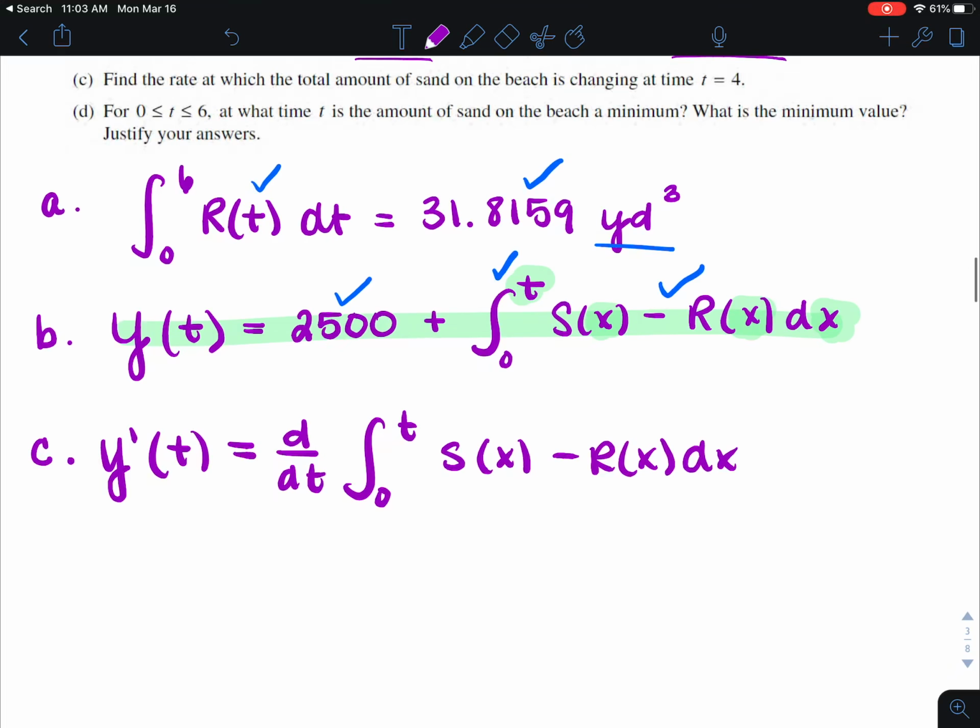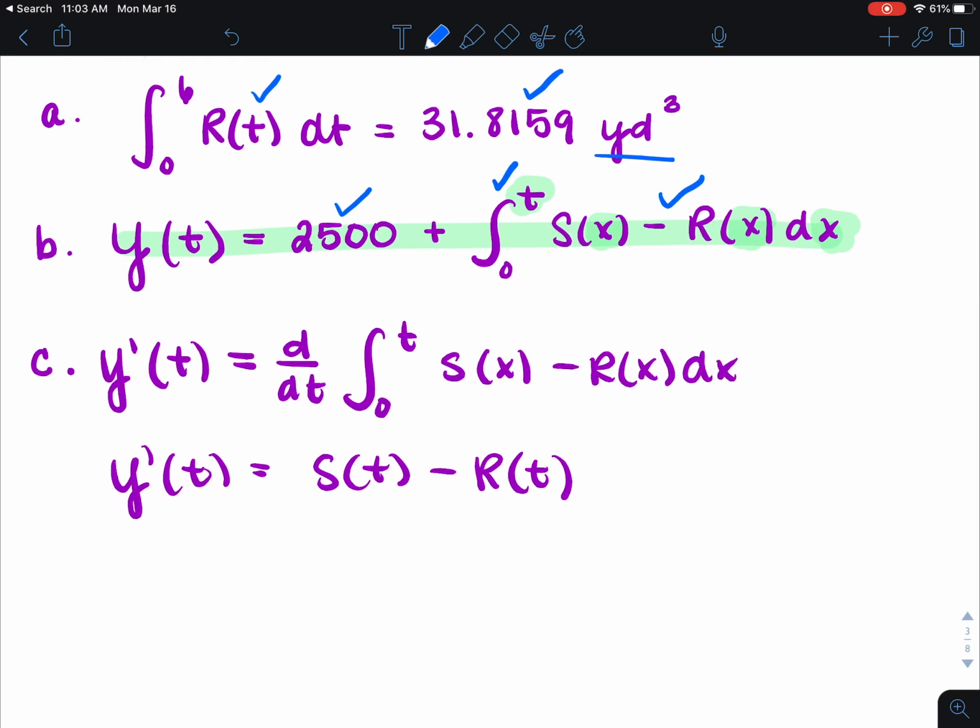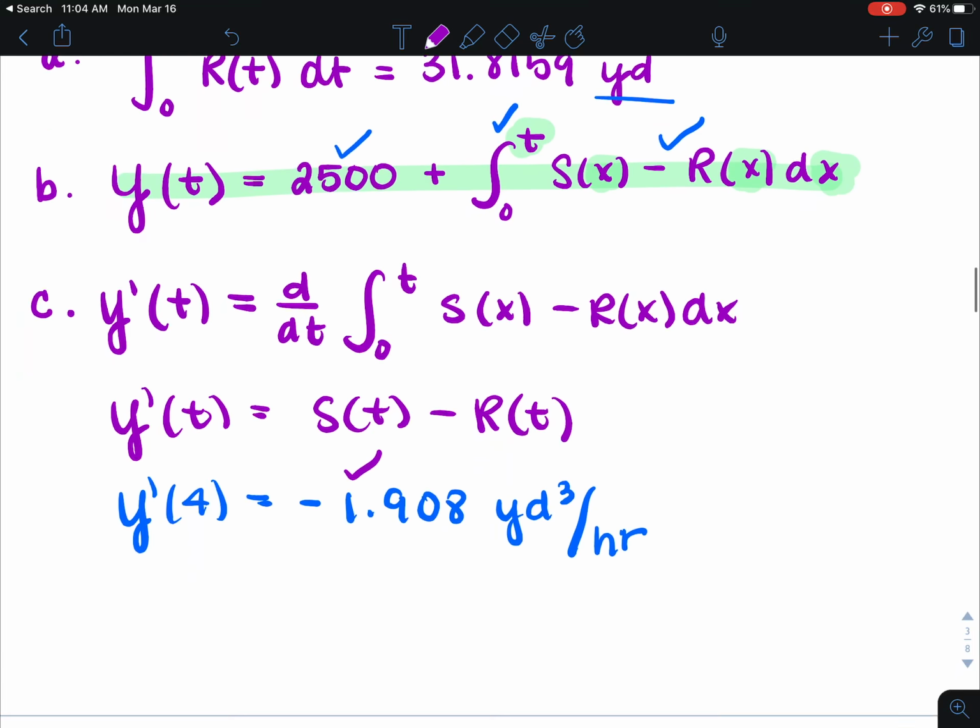You don't have to show this step necessarily, but you do have to show s of t minus r of t. And we see that now that we've taken the derivative, we put that t variable back into our original equation. It asks for 4 hours, so we need y prime of 4, which is equal to negative 1.9087 yards cubed per hour. This question was only worth 1 point. So you had to just get the answer right and show the right work.